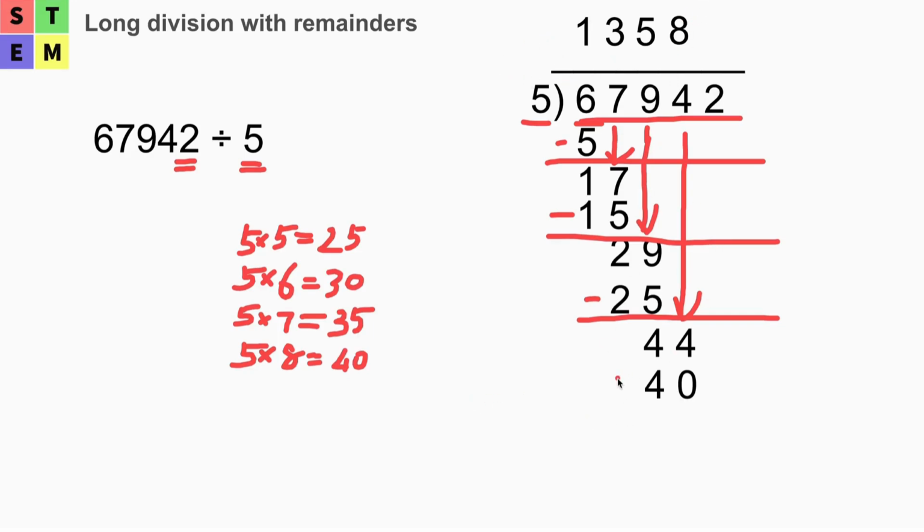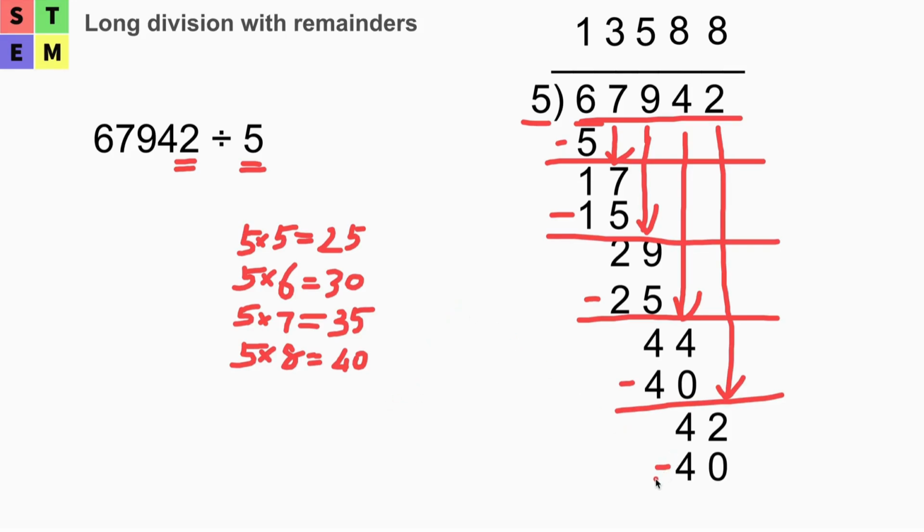So 5 times 8, so 44 minus 40, we will have what? 4 and 2, okay? So we'll have 42 here. So again, 5 times 8 equals 40, and 5 times 9 equals 45. So we'll have 8 there again, and we'll have 40 here.